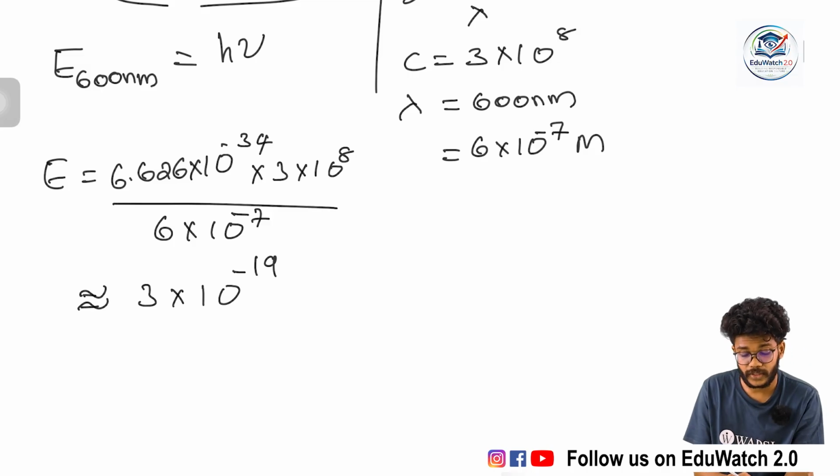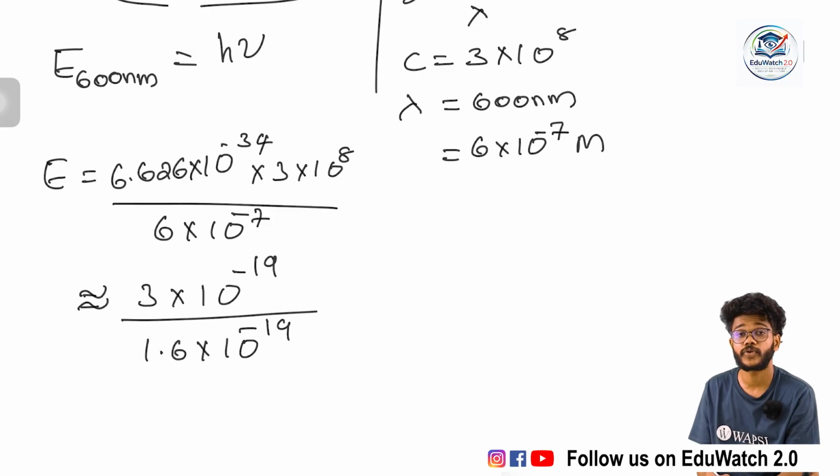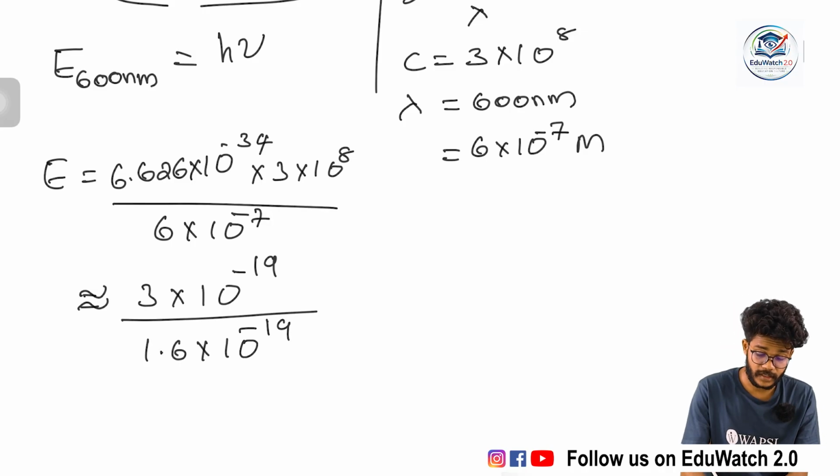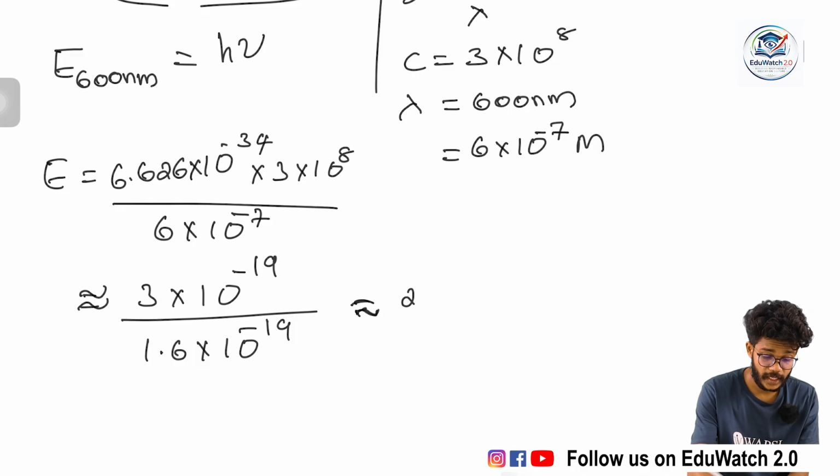Energy is 3 into 10 raised to minus 19 joule, divided by 1.6 into 10 raised to minus 19, the charge in coulomb. So the answer is approximately 2 electron volt.